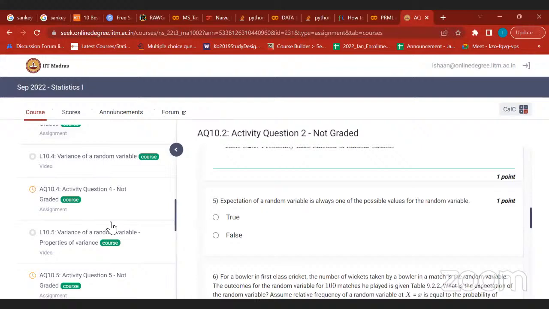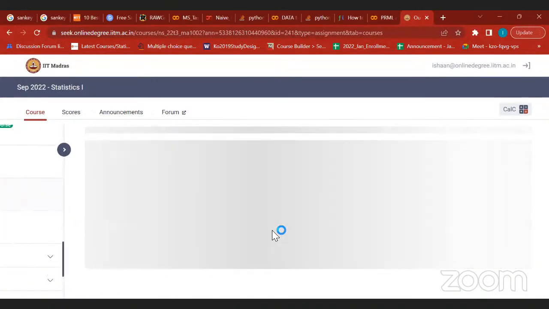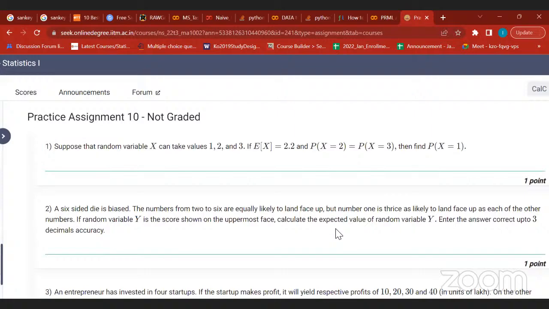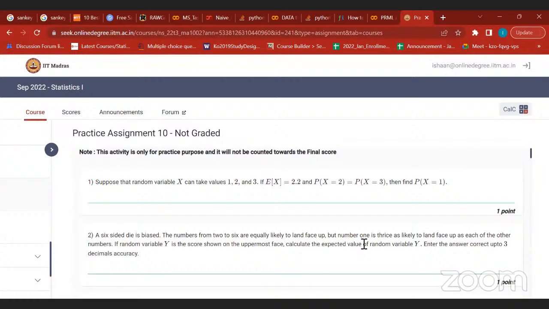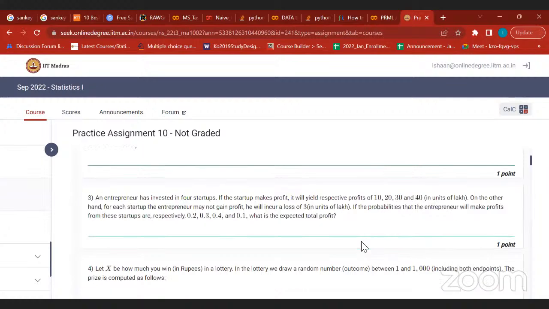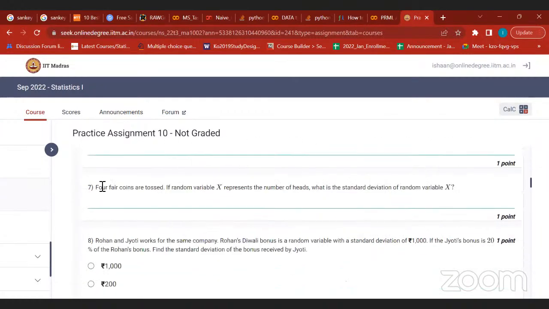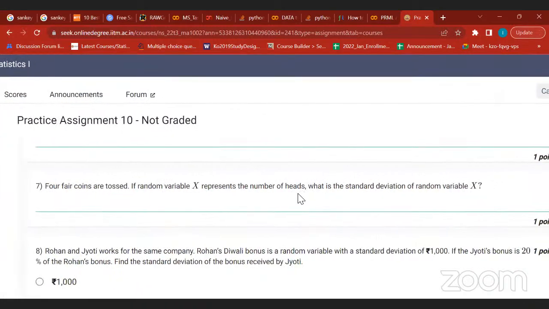Sir, just another question. It's again in the practice assignment. I just want to know if there's any shortcut, because I took a long process. It was like 4 fair coins are tossed, and we need to find the standard deviation of getting heads.